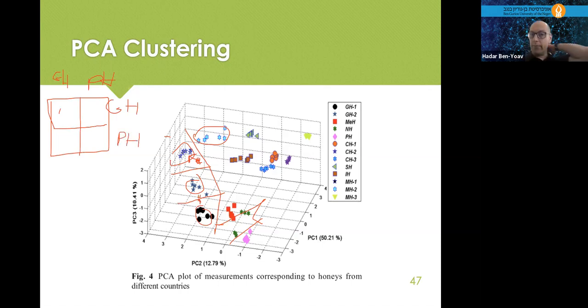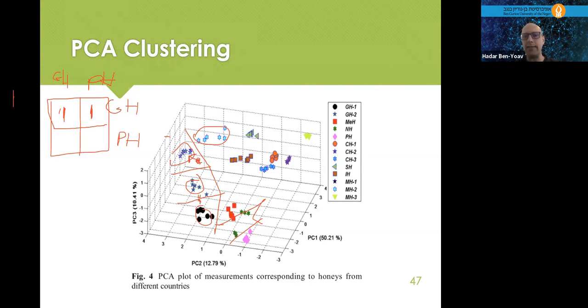So we took a sample from G, and we know it's G, and the model tells us yes, it's from G. So it's correct, you get one point here. If the model tells us no, I think it's from Portugal, although it's from G, it falls here. It's a mismatch.